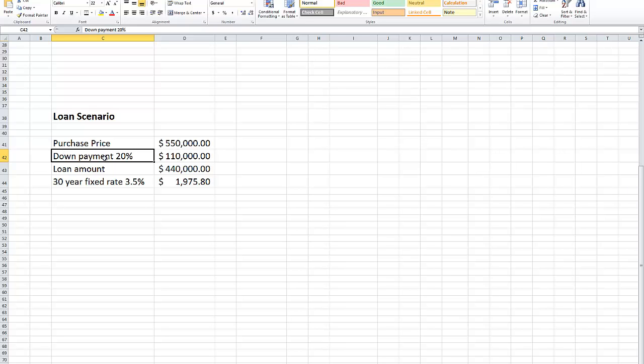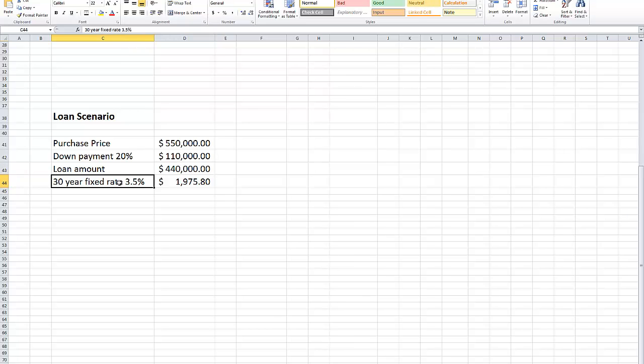So that's why I use the 20%, but obviously you could put down more if you have the cash. In this example, with 20% down on a $550,000 purchase price, we're talking about a loan amount of $440,000.